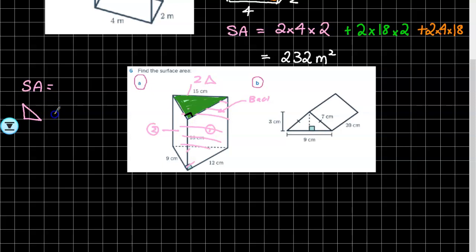So we need base times height over 2, and we've got two of those. We've got two of those triangles, agreed? So all you got to do is look over here, and we need the base and we need the height. So look at our green triangle. What do you think is the base and what do you think is the height?